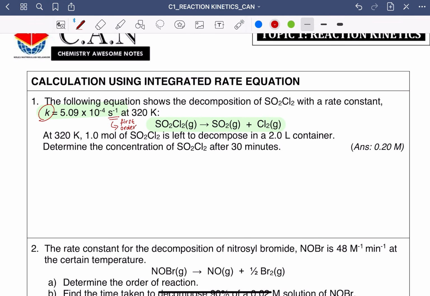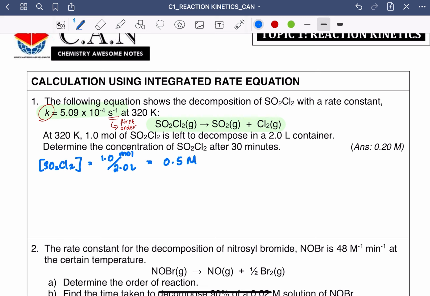And the question is, 1 mole of SO2Cl2 is left to decompose in 2 liters. Determine the concentration of SO2Cl2 after 30 minutes. So the concentration of SO2Cl2 is 1 mole over 2 liters, so you get 0.5 molar.